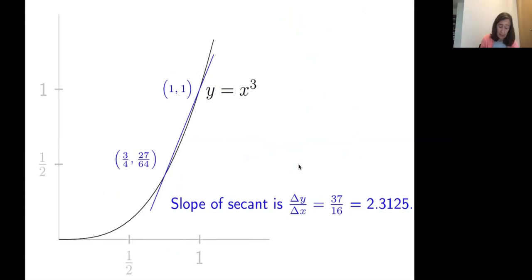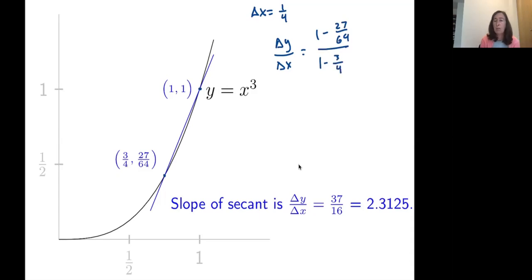So what I did in this picture is I picked a smaller delta x. Now delta x is 1/4. We're going from a starting point of 1, 1 to a point at x equals 3/4, and 3/4 cubed is 27/64. So calculating rise over run, it is 1 minus 27/64 over 1 minus 3/4.